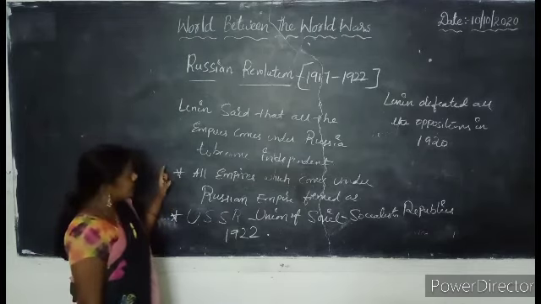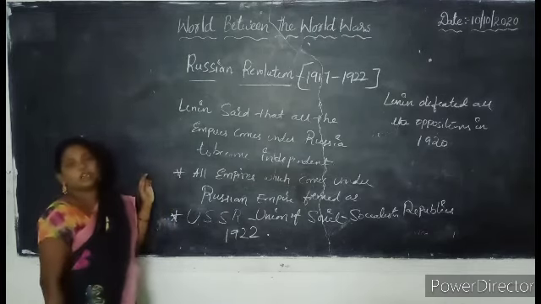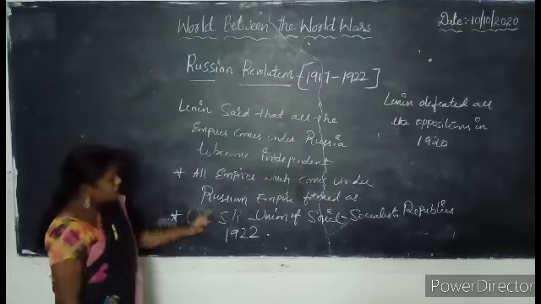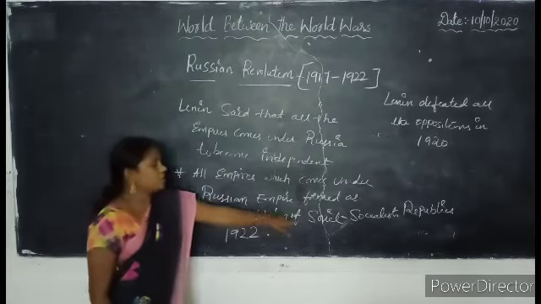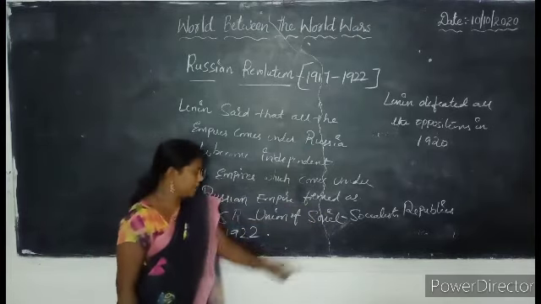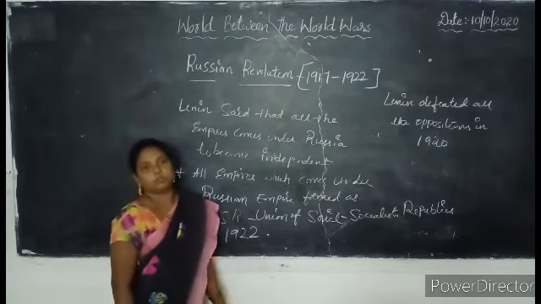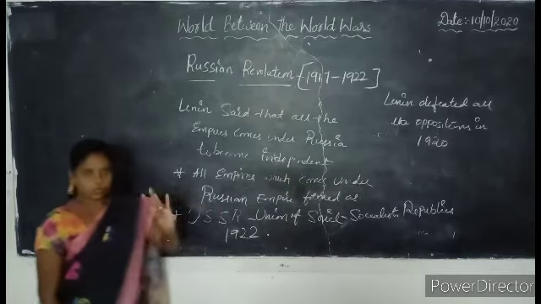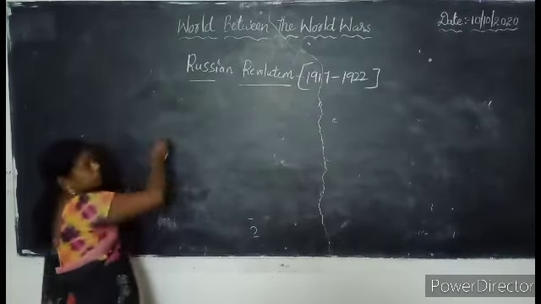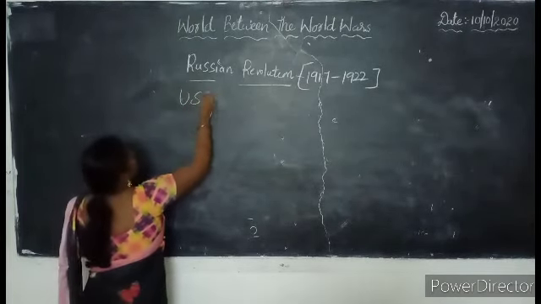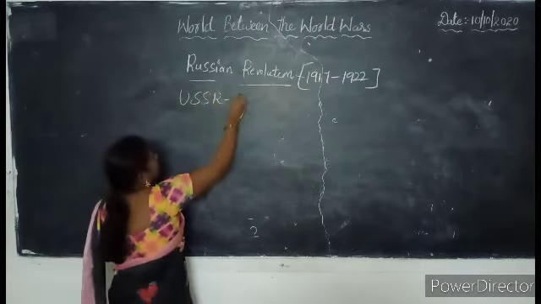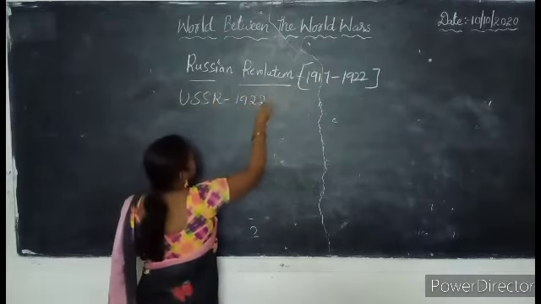But all these independent nations again together formed a group. We call it the Union of Soviet Socialist Republics, in the year 1922. USSR was formed in the year 1922.